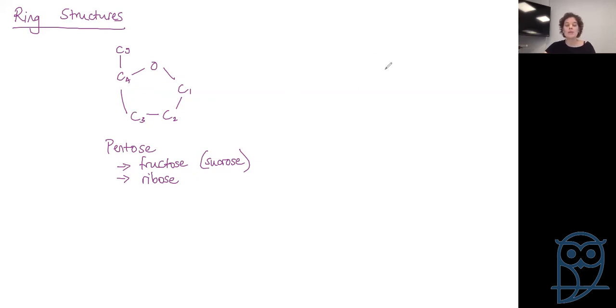So, thinking about glucose. First off, thinking about our hexose sugars, here we have a slightly different structure because we have an extra carbon. There's a carbon and then another carbon on top.